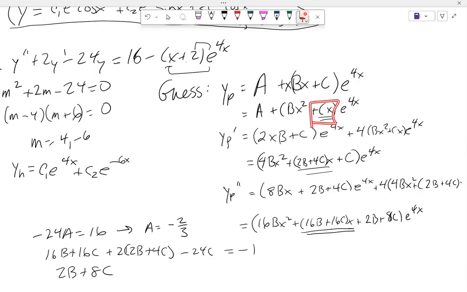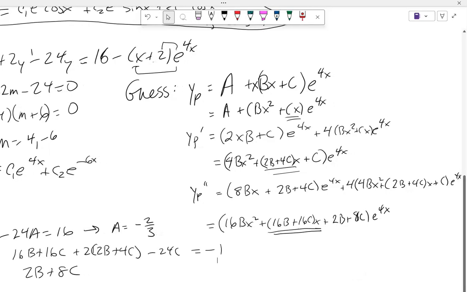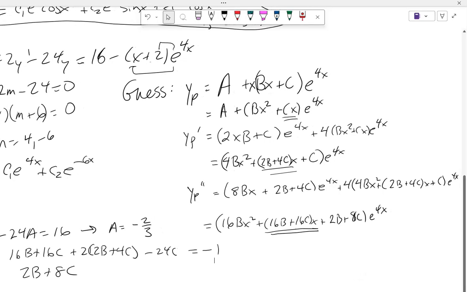Okay. Now let's do the constant part. 2b plus 8c. And then I'm looking at the wrong one. Plus a c. Not plus a c, plus a 2c.